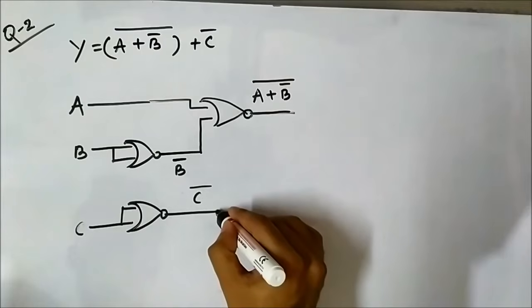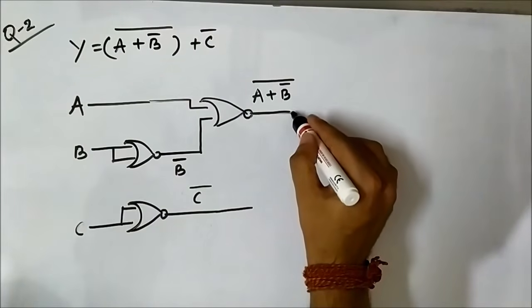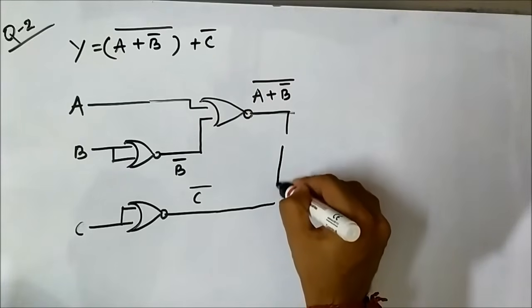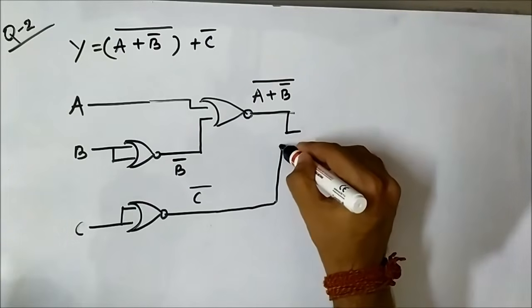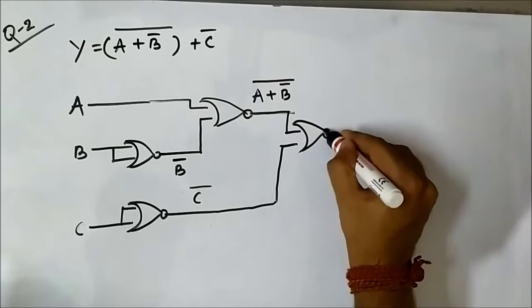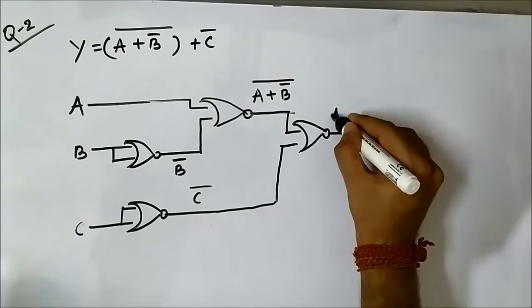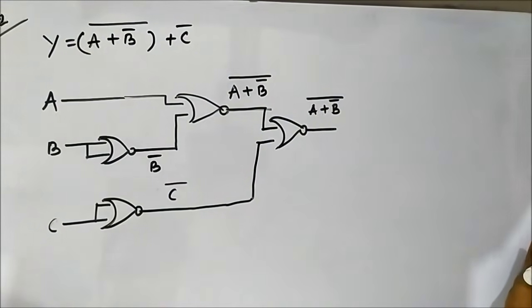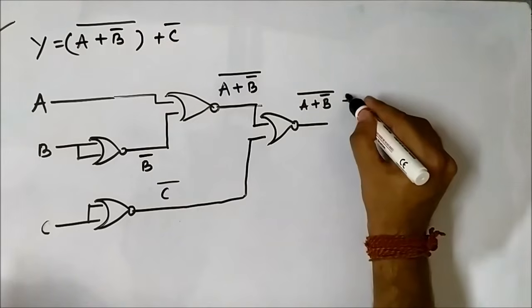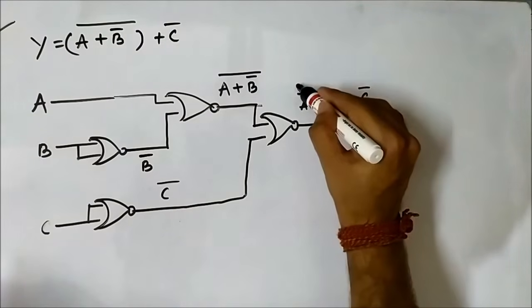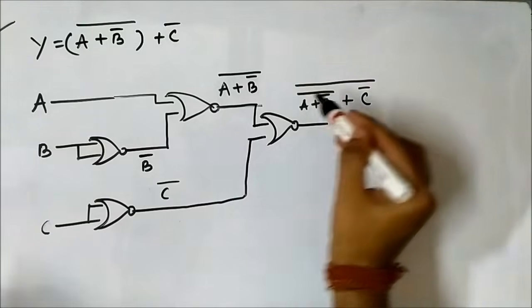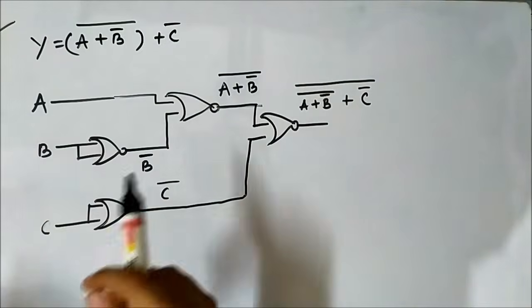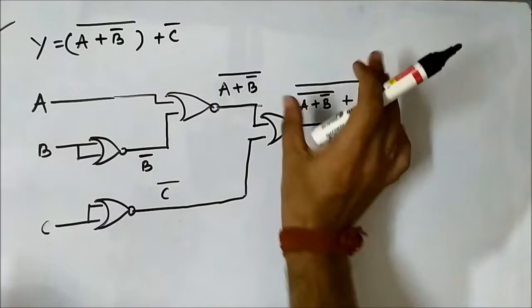Now if we pass these two signals through a NOR gate, it will give us (A plus B complement) whole complement plus (C complement) whole complement, but we do not require this top complement, we only require the expression which is below the whole complement.